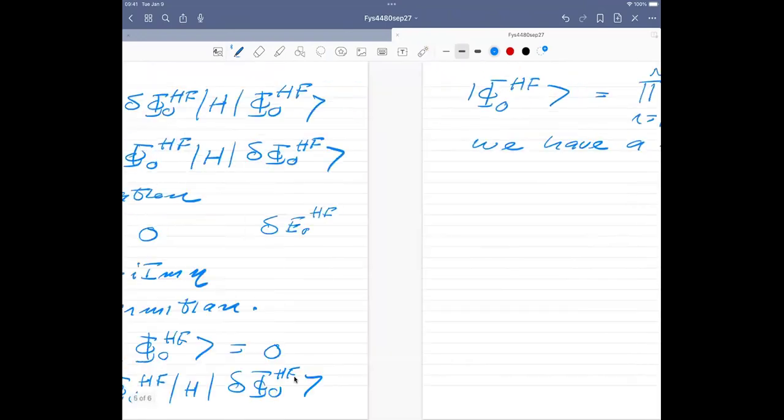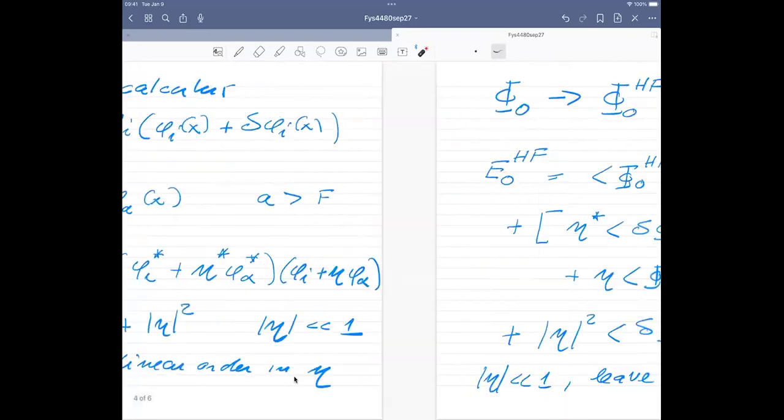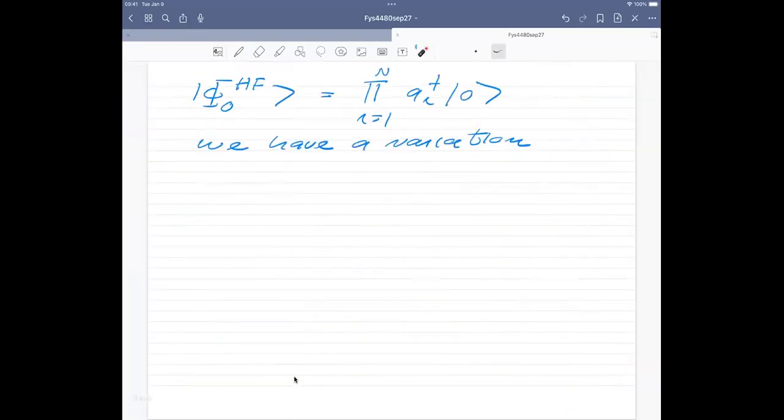Because if you go back to what we did here, this ansatz, this specific choice, means that we are now allowing for an admixture of a state above the Fermi level. So in second quantization, we can represent this in the following way.